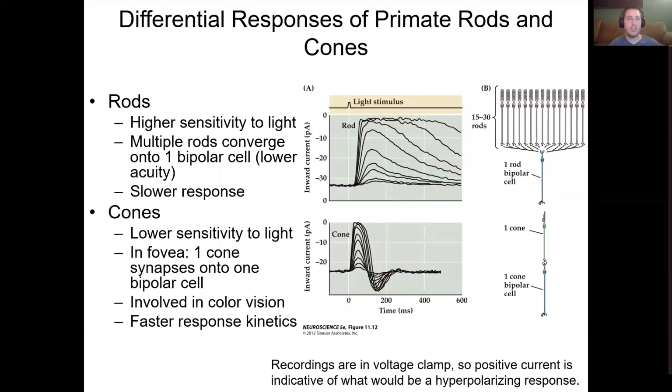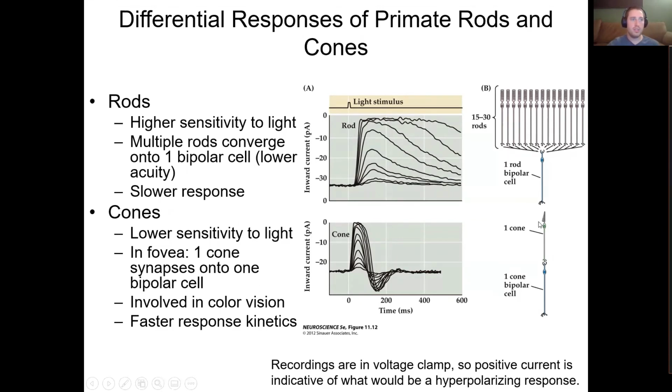So we've already touched on some of the differences between rods and cones, and I'm just going to highlight those here. First off, as I said, rods have higher sensitivity to light. Cones have lower sensitivity. Rods converge more. So many different rods, 15 to 30 different rods, converge onto a single rod bipolar cell.